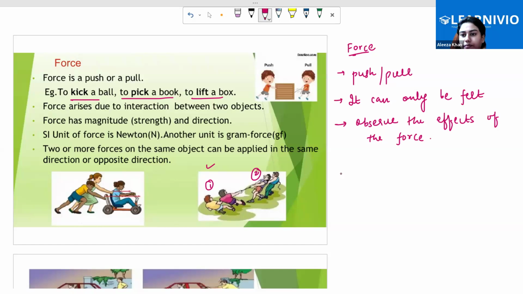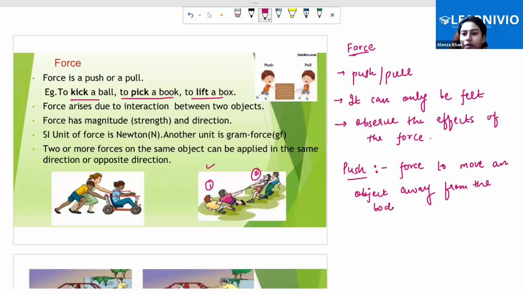So if I say push in the case of force, it is force to move an object. If you push something, is the object moving away from you or towards you? Moving away from us. So push is the force to move an object away from the body.